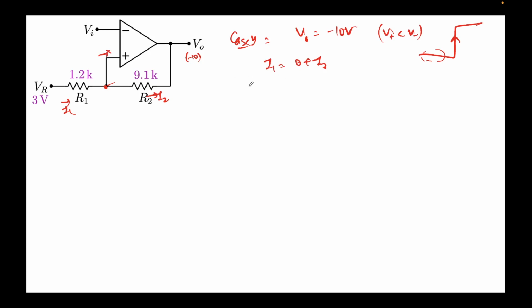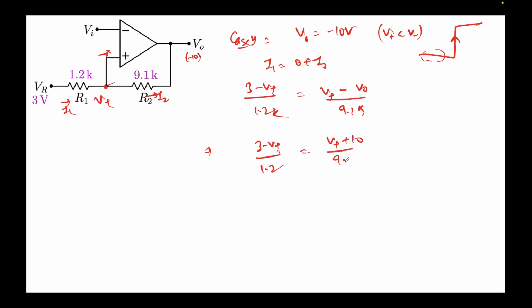Okay, so the value of I1 can be (3 minus V plus) over 1.2. This will be V plus, this is (V plus minus V naught) over 9.1, with resistances in K. Let's put the value of V naught, it will be minus 10, so this will be (V plus plus 10) over 9.1.